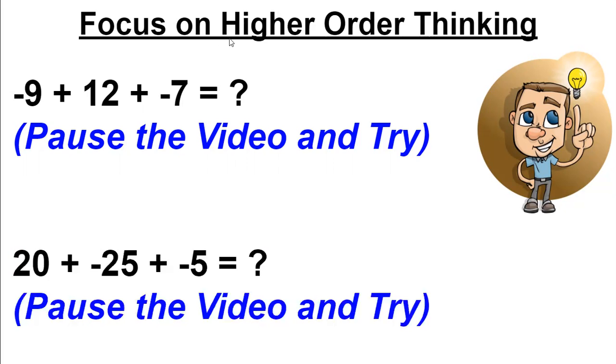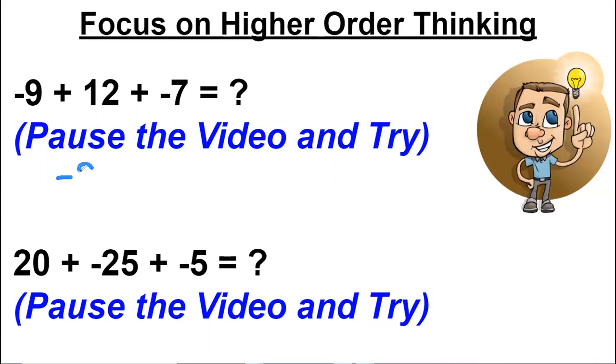Okay, did you pause the video? Let's give it a try. Gotta do this step by step. Negative 9 plus positive 12 is, you owe somebody $9, but you have 12 in your pocket. After you pay them, you're going to be how much? Positive or negative?